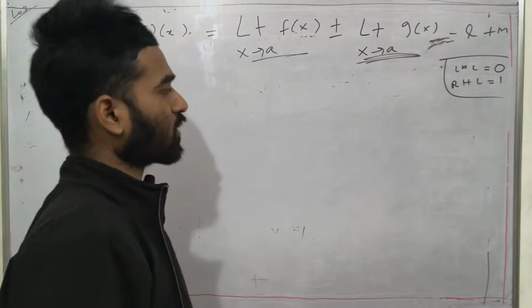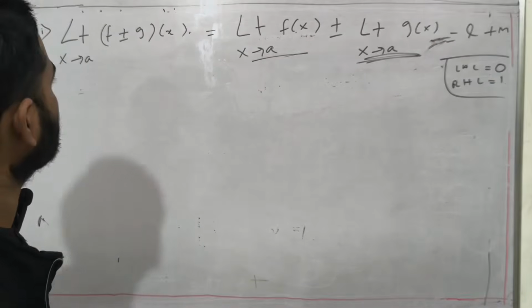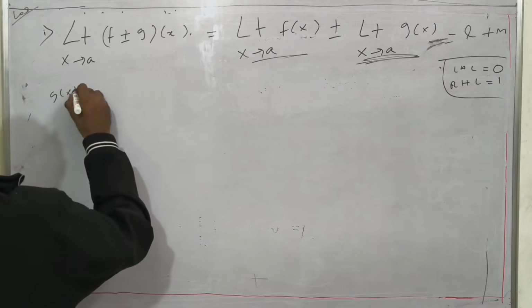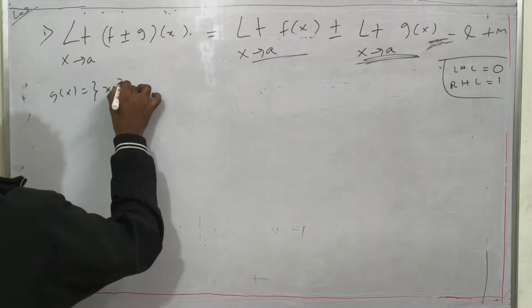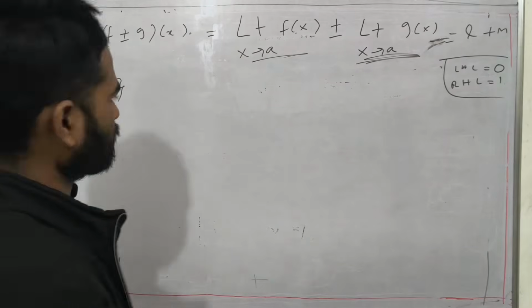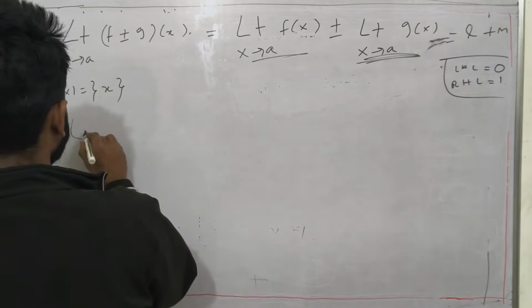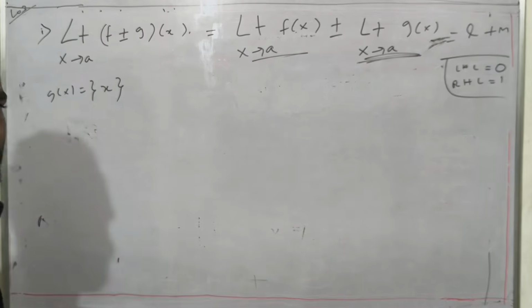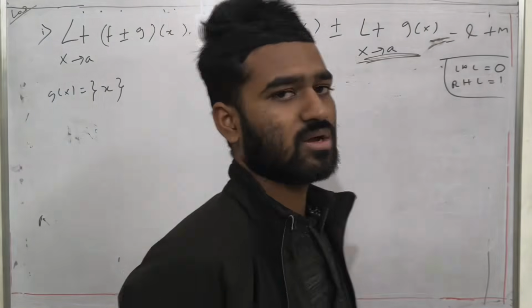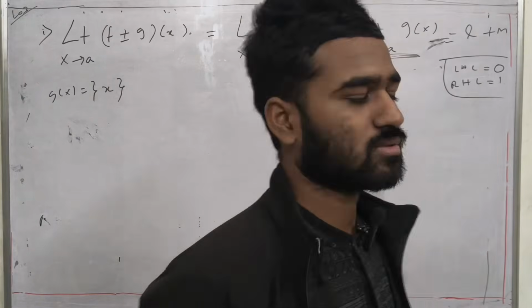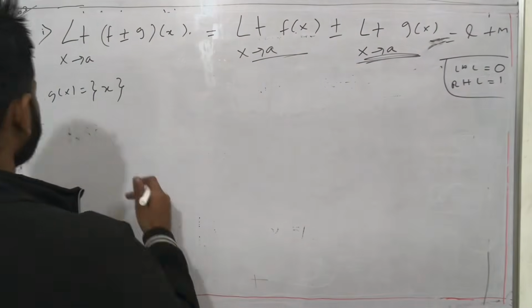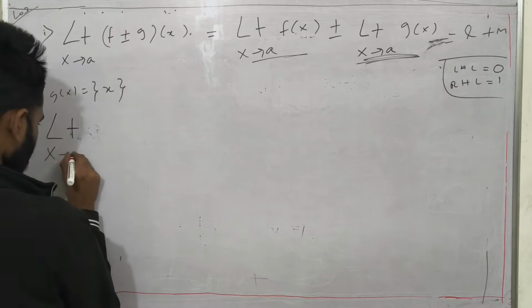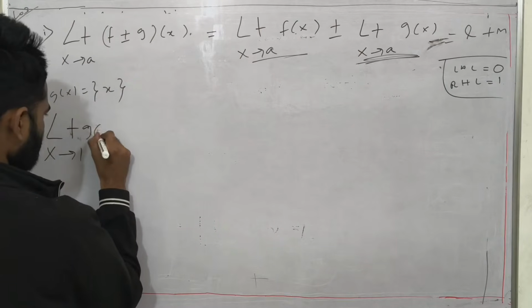Now let's find g of x. g of x equals flower part of x. Let's see whether this flower part of x exists or not at x equal to 1. So limit x tends to 1 of g of x.